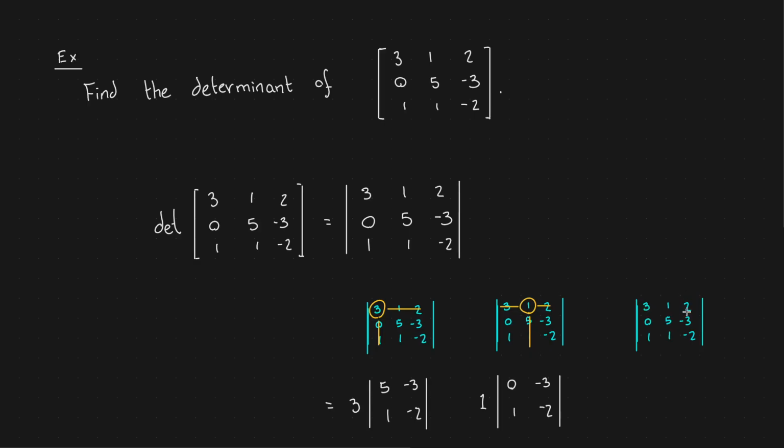So the last element in the first row, cancel out the row and column. And so I have 2 times the determinant of what's left over. Alternate signs, plus, minus, plus.